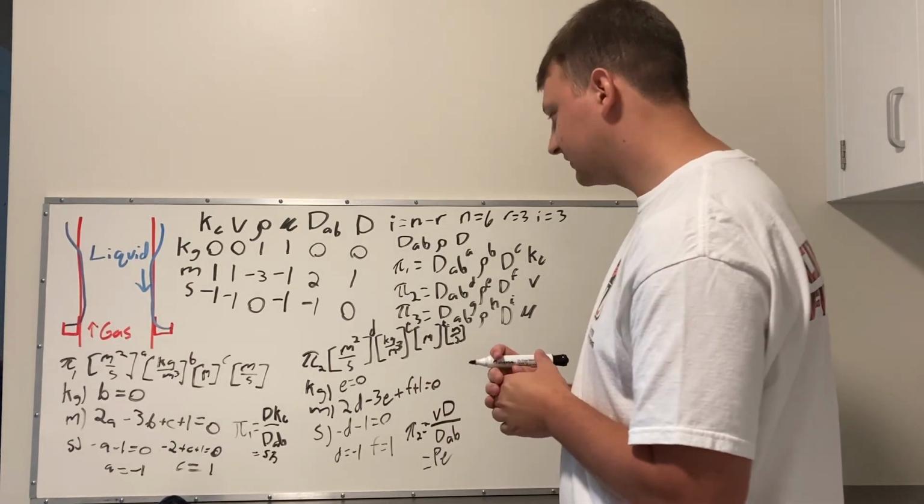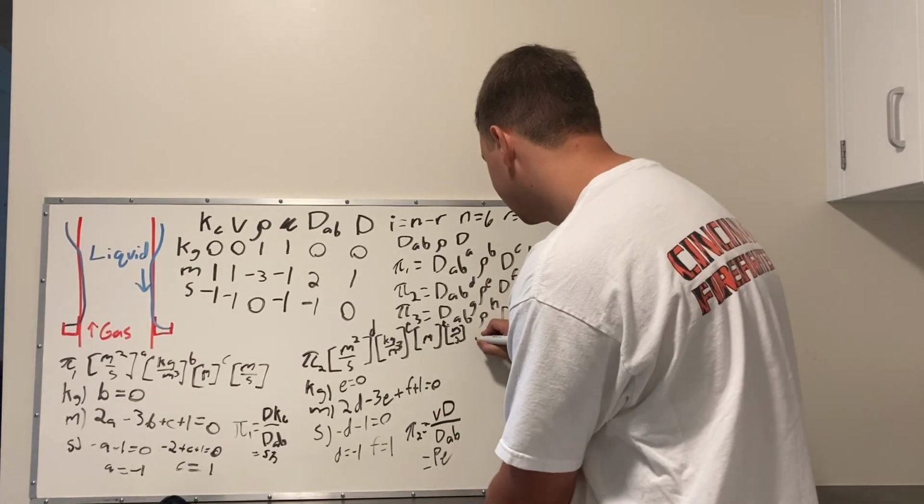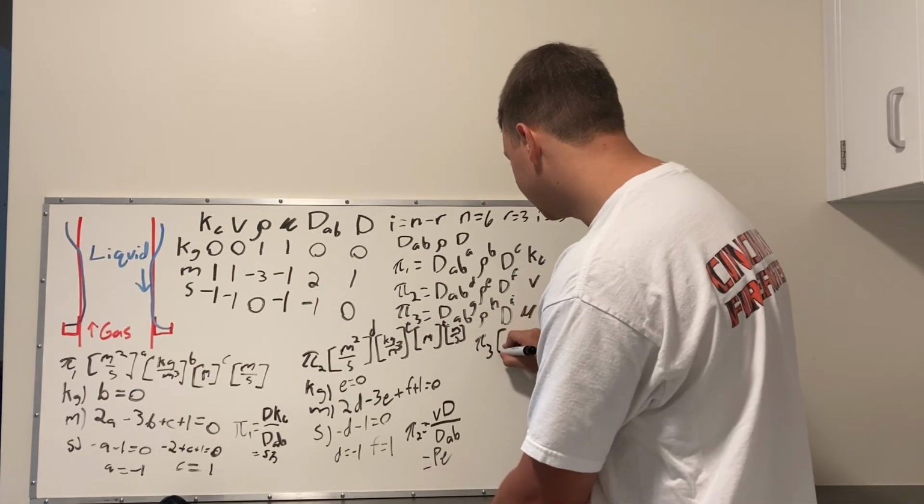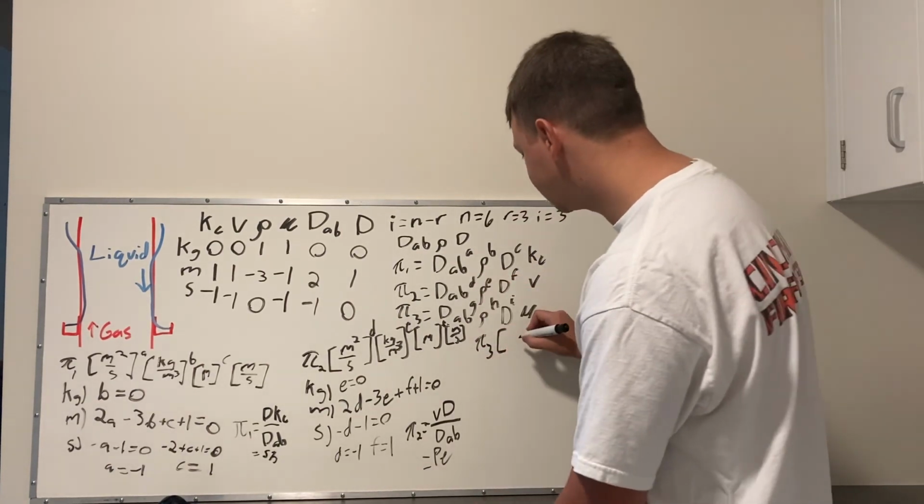For our last pi group, we're going to do the same thing as before, same groups, and assign their coefficients.